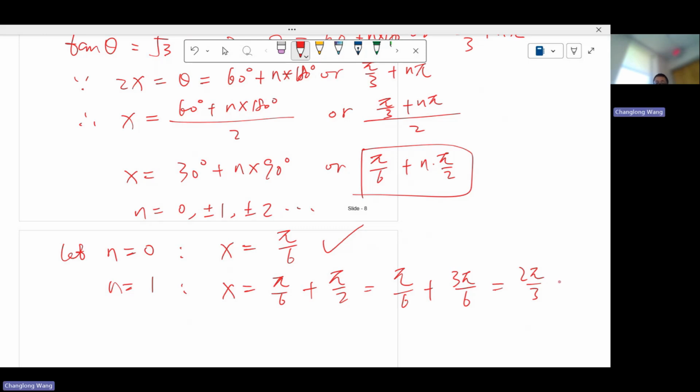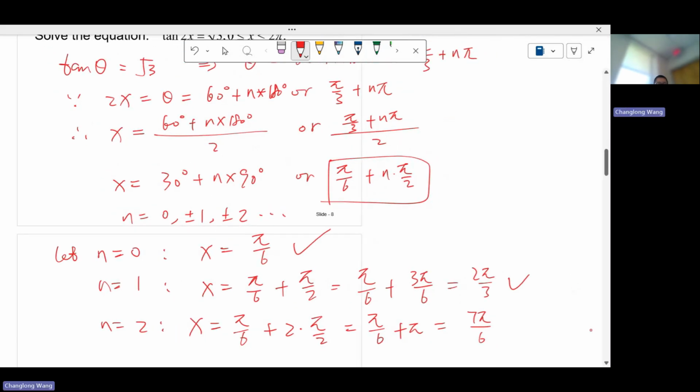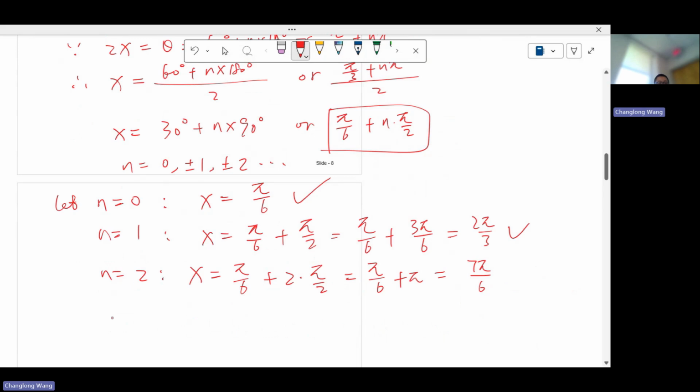It's still in the range of 0 to 2 pi, right? Check. And n equal to 2. x is pi over 6 plus 2 times pi over 2, which is pi over 6 plus pi. It will be 7 pi over 6. Is that still in the range? Yes, unfortunately, it is still in the range, right?